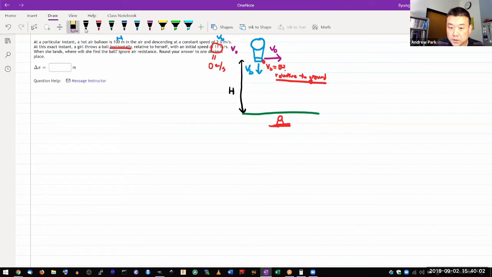So instead of initial velocity being 0, the initial velocity of the ball, if it's simply released from rest relative to the girl, would have the same velocity as the balloon. Sometimes we call this inherited velocity.